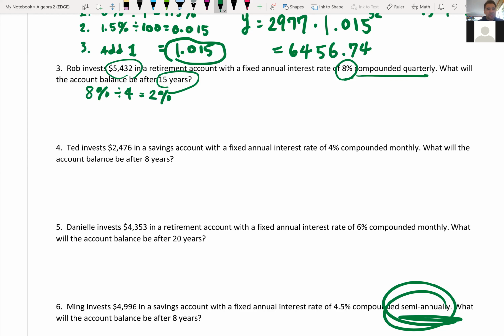And that's 8%, isn't it? And then 2%, you need to divide by 100. 0.02. And then you're going to add 1. So 1.02. You guys get that?